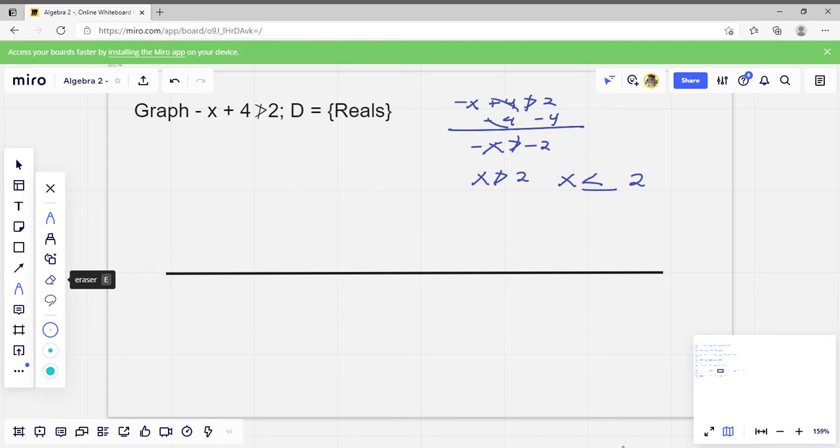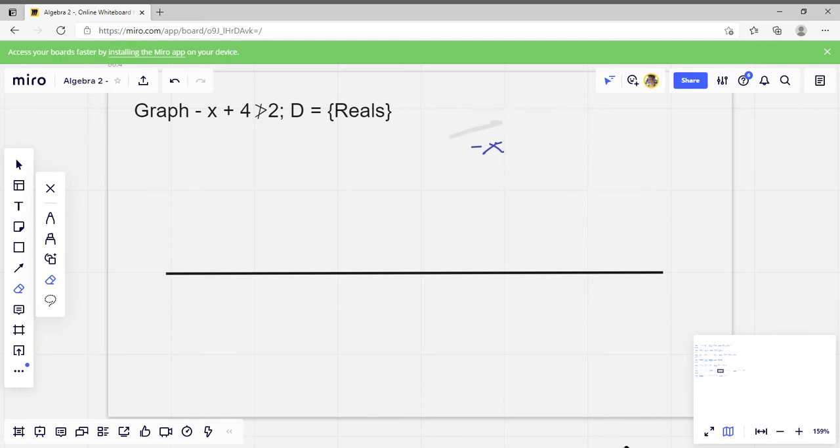Okay, so this says that it's the other way around. Let's see. All right. Probably the best bet would be to swap that around first. So we're going to change this before we even start. So we've got negative x plus 4 is less than or equal to 2.